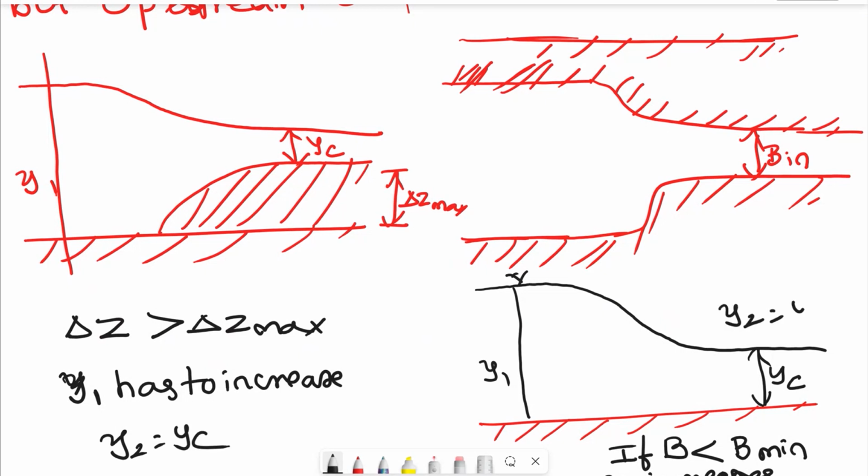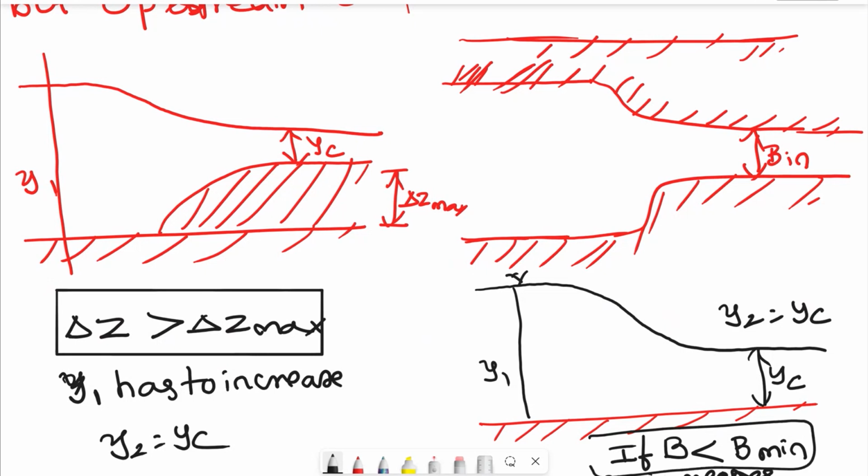Y2 remains YC. This you should remember. If anybody tries this condition or this condition, these conditions are called choking conditions. If you create these conditions, automatically the flow gets choked. So we don't try these types of cases.